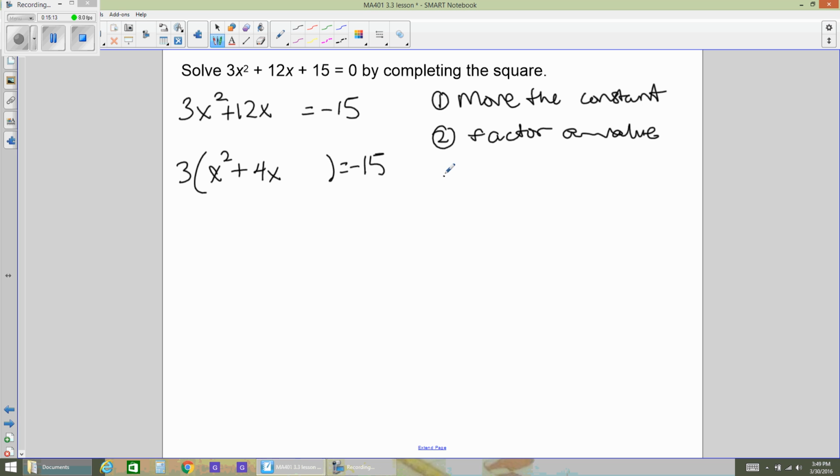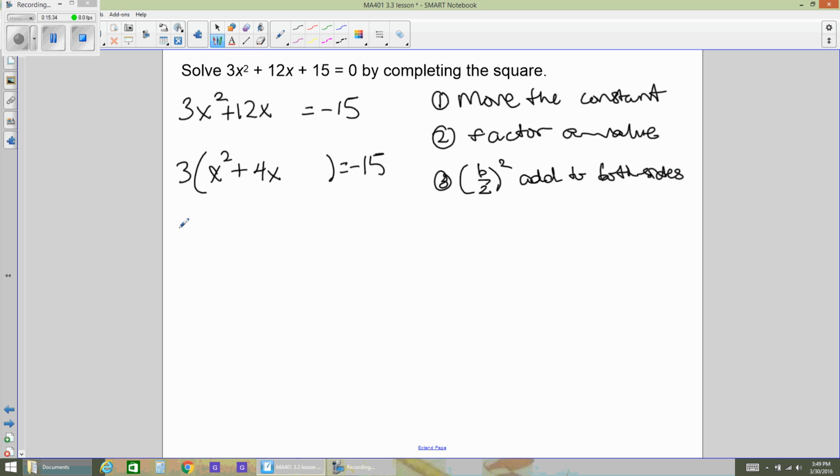All right, step 3 is take half of your b value, square it, and add to both sides. Now, guys, go slow here. This is serious when you had to factor out an a value.